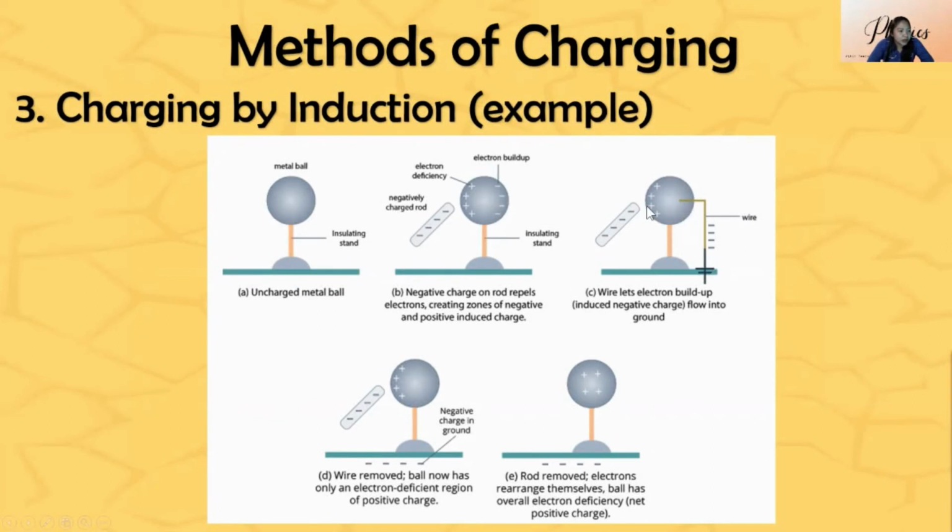So we induce a charge to the ground and also to the metal ball. The metal ball becomes positively charged and the ground becomes negatively charged. Even if we take the negatively charged rod away from the metal ball, the metal ball is now electrically charged, positively charged, and so is the ground.